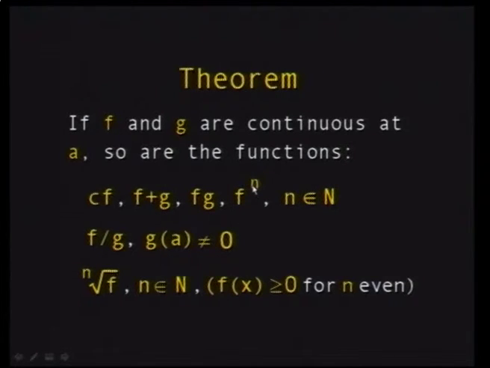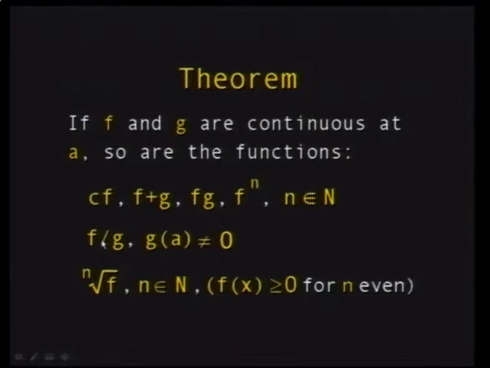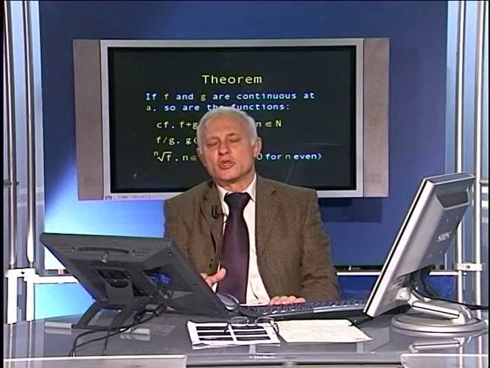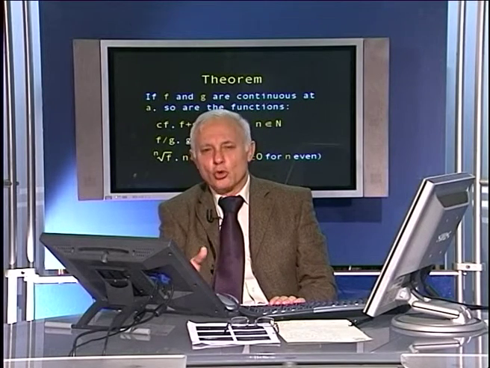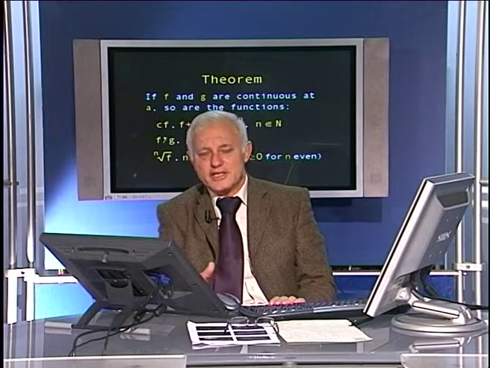You raise it to the power n, you get a continuous function. You multiply them together, you also get a continuous function. And when you divide one by the other, you exclude those points at which the denominator is 0, in other words, the roots of the denominator. Otherwise, the quotient is continuous.